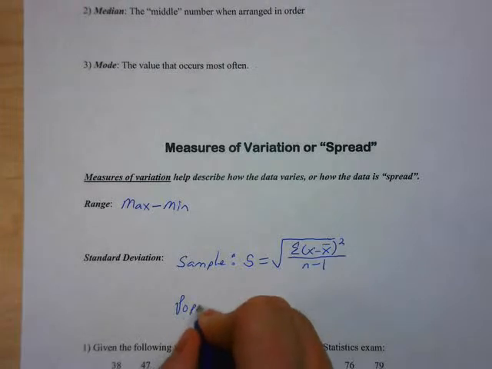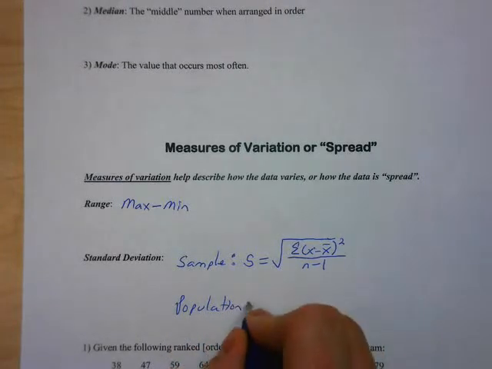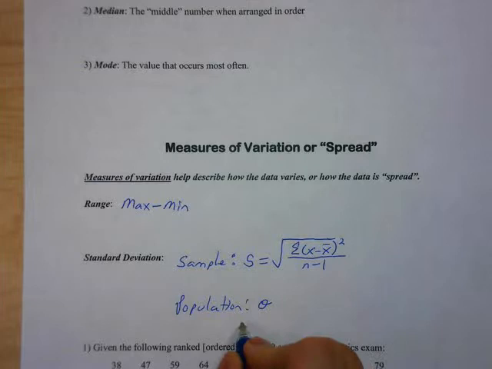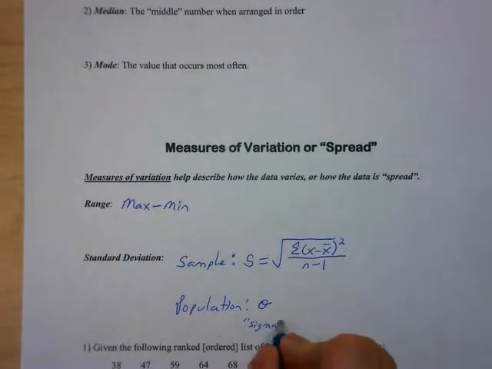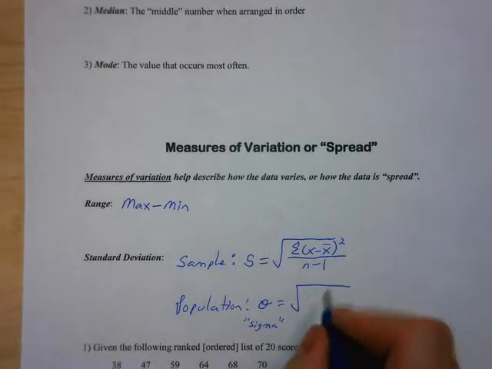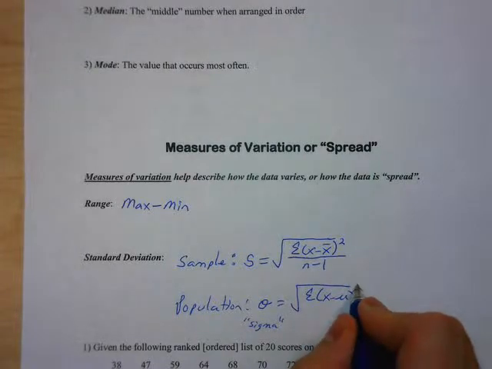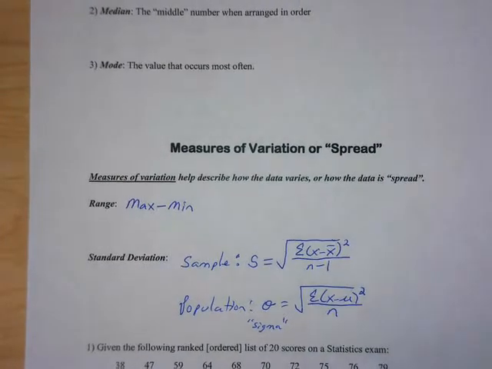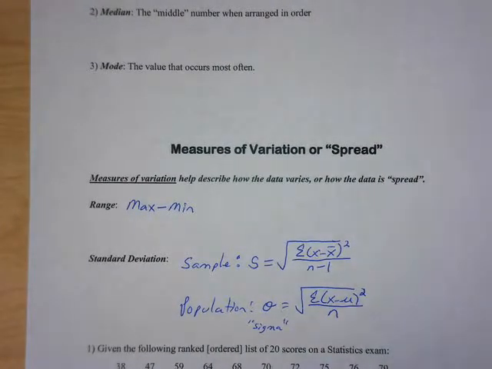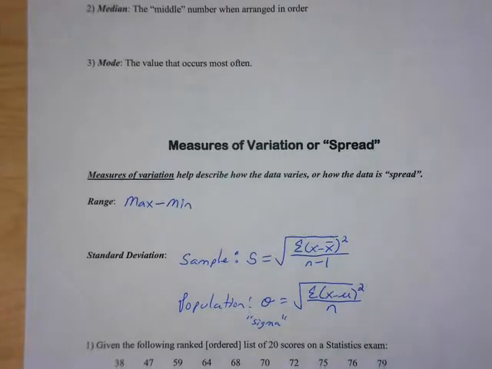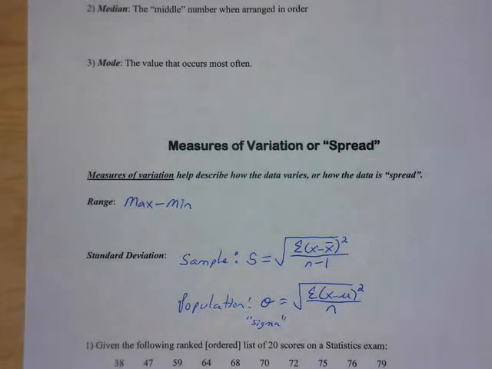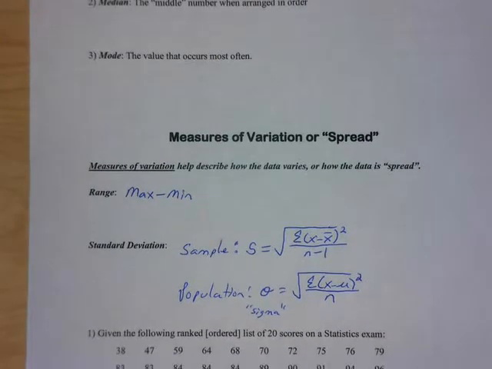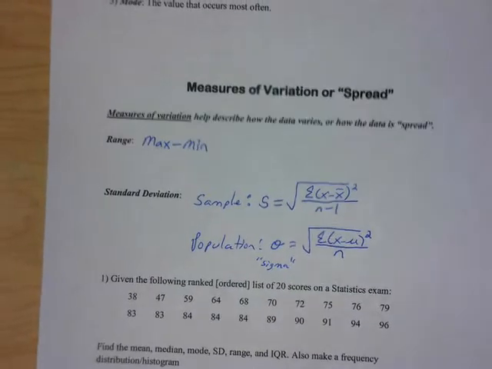And then the population standard deviation is sigma, equals, now we're dealing with a population, so we have the square root of the sum of x minus mu squared over just n. Again, you can read the book and learn why those are the formulas. I just wanted to do a quick review of the different measures that we're going to be using in this class.